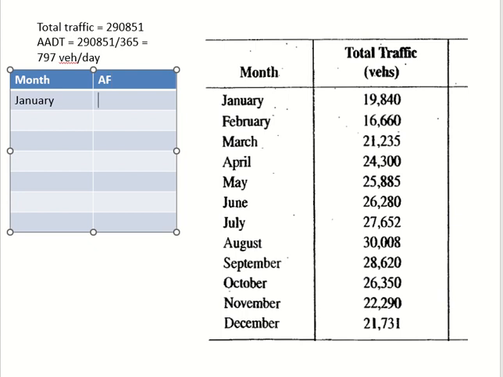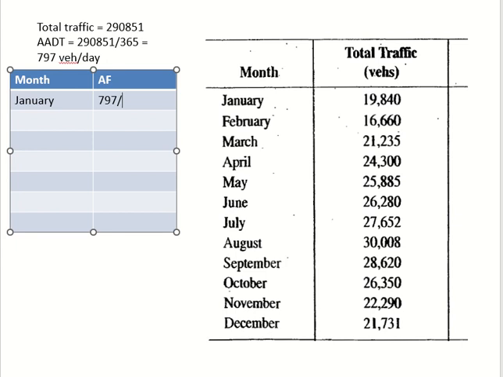We'll just do an example of January and February. You can do the rest. The adjustment factor for any time period, whether it's a day or a month, is AADT divided by the average of that time period. I already have AADT, so for January I will divide by the average of January. AADT is 797 divided by what?